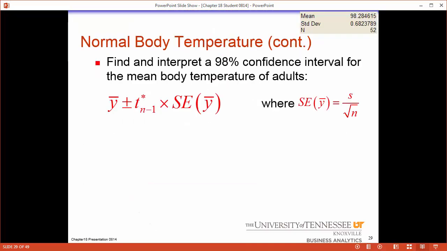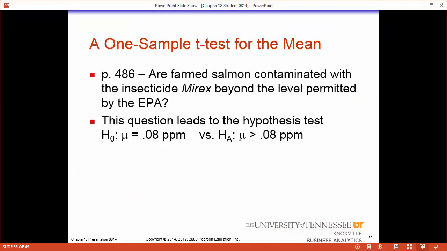Going back to our example with the temperatures for adults, if I told you, do you think the average temperature for adults is 99 degrees? If you remember, our interval only went up to about 98.51. 99 degrees is outside of the interval, and we could reject it. You say, no, no, no, that's outside the interval. That does not seem like a value that could be possible. But let's look more specifically at how to do tests right here.